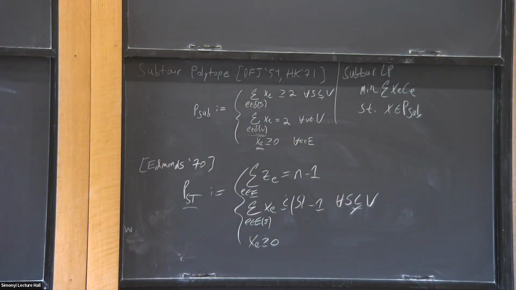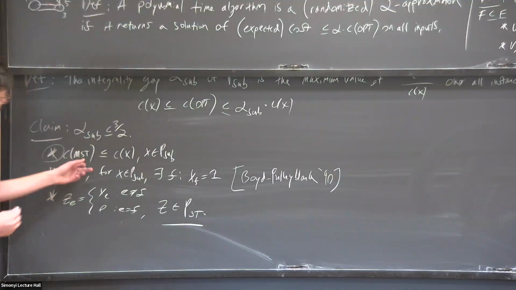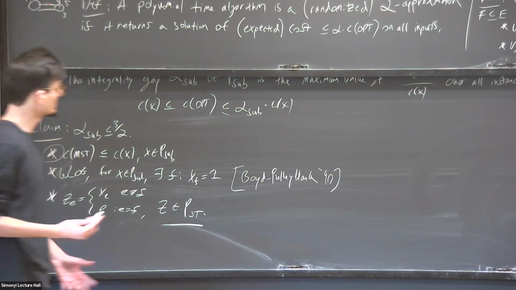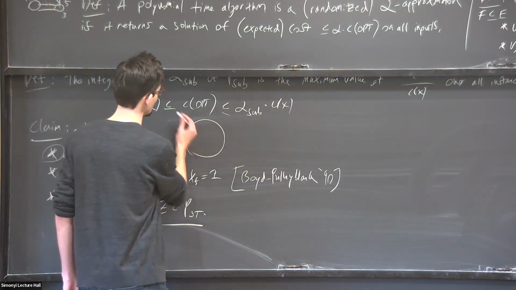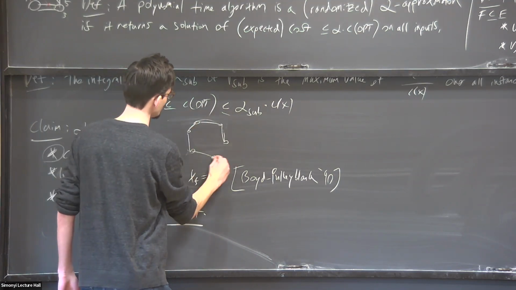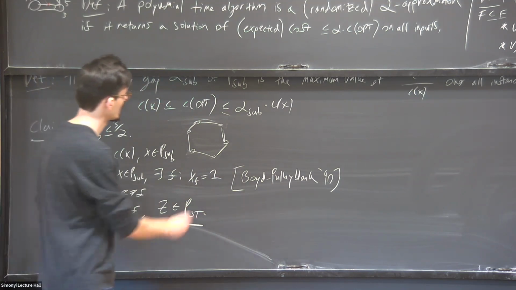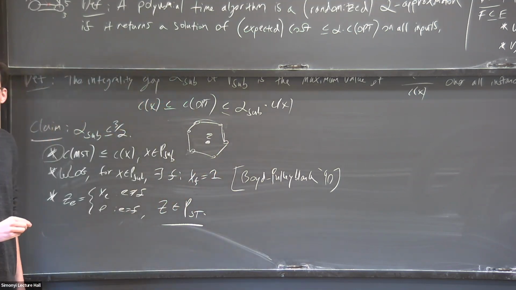Okay, so let's say we prove this, then I claim it gives me this fact that the cost of the MST is at most the cost of X. And the reason is maybe not so hard to see. Let's say I have the spanning tree polytope. Now I have this point Z, which lies inside of it.